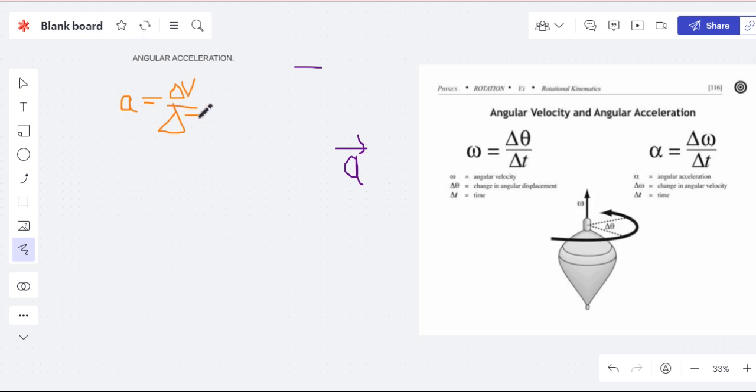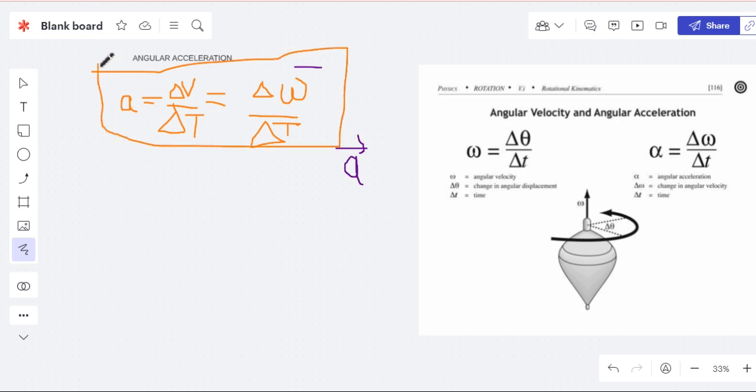This is a linear formula, when we are dealing with one dimension. But if we're dealing with two dimensions, or a circular path, the velocity in a circular path is represented by omega, as I told you in the previous videos. So it is final minus initial omega, divided by final minus initial time. This is the formula of angular acceleration.